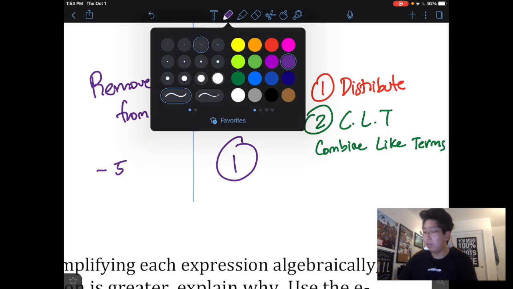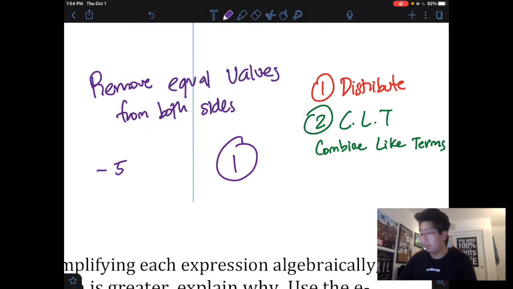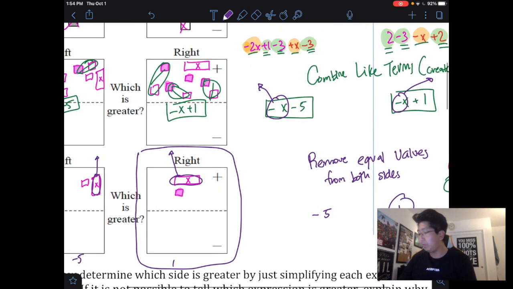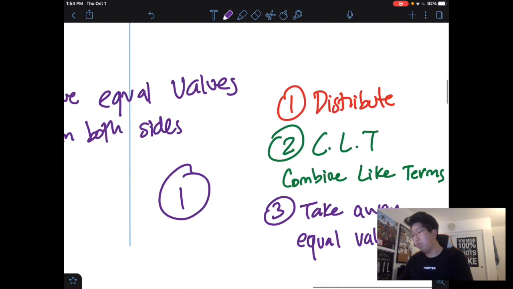And the last thing we can do is take away equal values. So those are 3 steps that we can always take. Distribute, combine like terms, remove equal values.